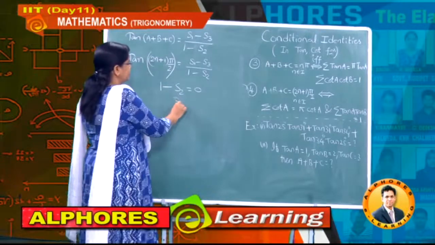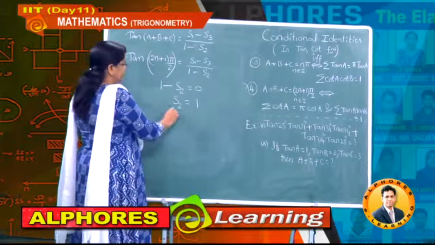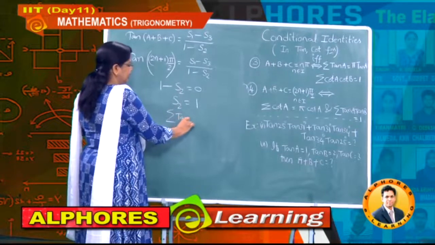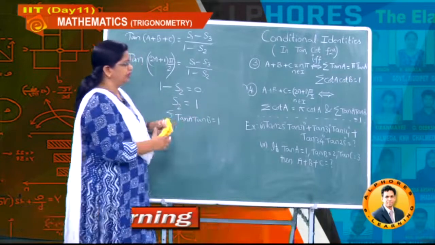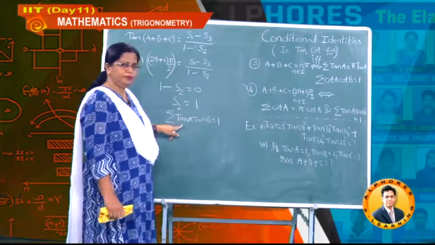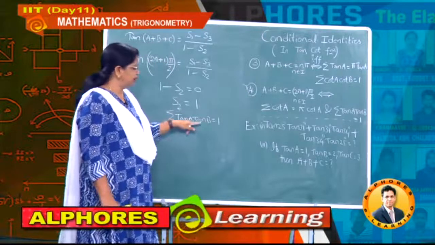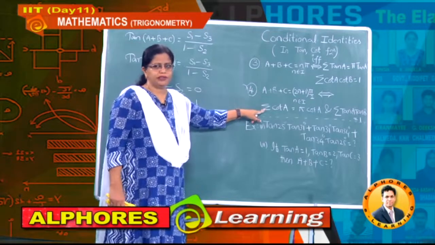Hence what is the value? S2 equal to 1. What is S2 here? It is nothing but sigma tan A tan B. So in this problem you got sigma tan A tan B equal to 1. Then in this result, if you write tan A as 1 by cot A and tan B as 1 by cot B, obviously you can obtain this result also.